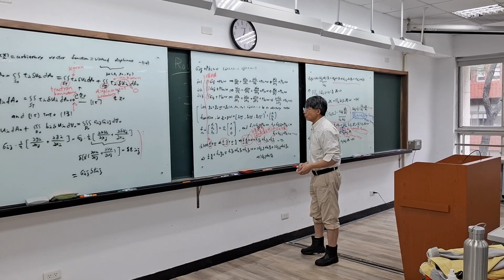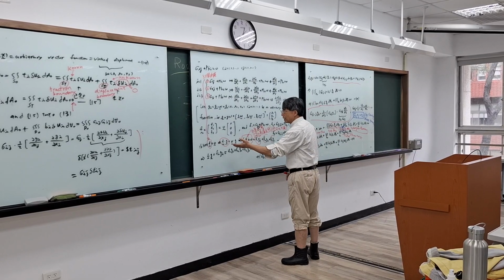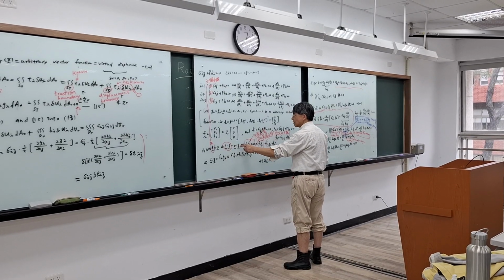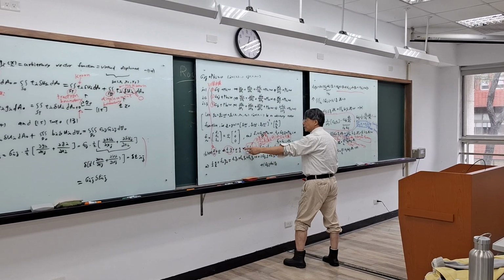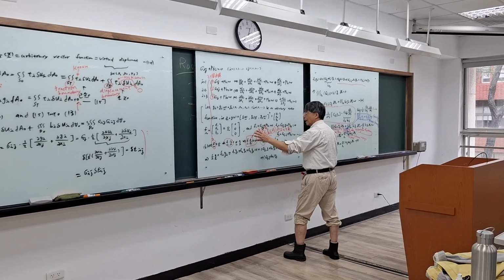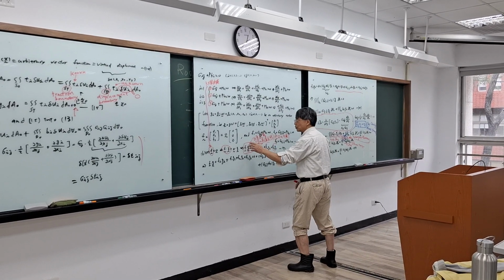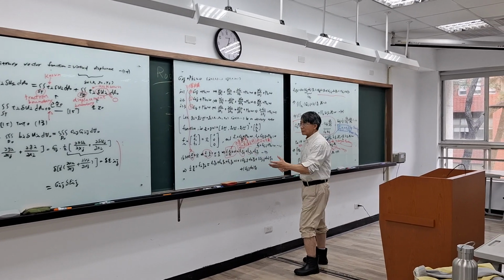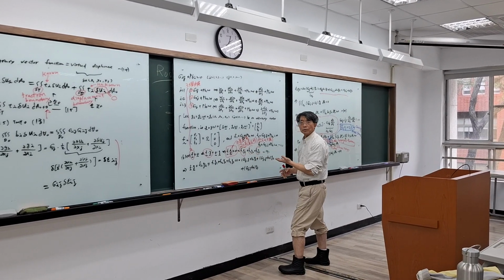And then we assign an arbitrary vector G. G is a vector function. Okay, we perform the inner product between the F vector and the G vector, such that we get a scalar function.